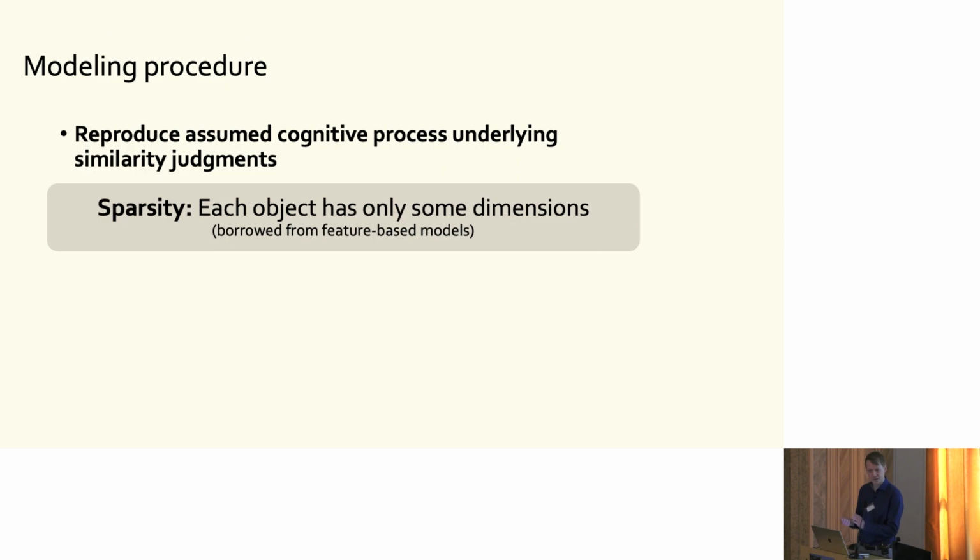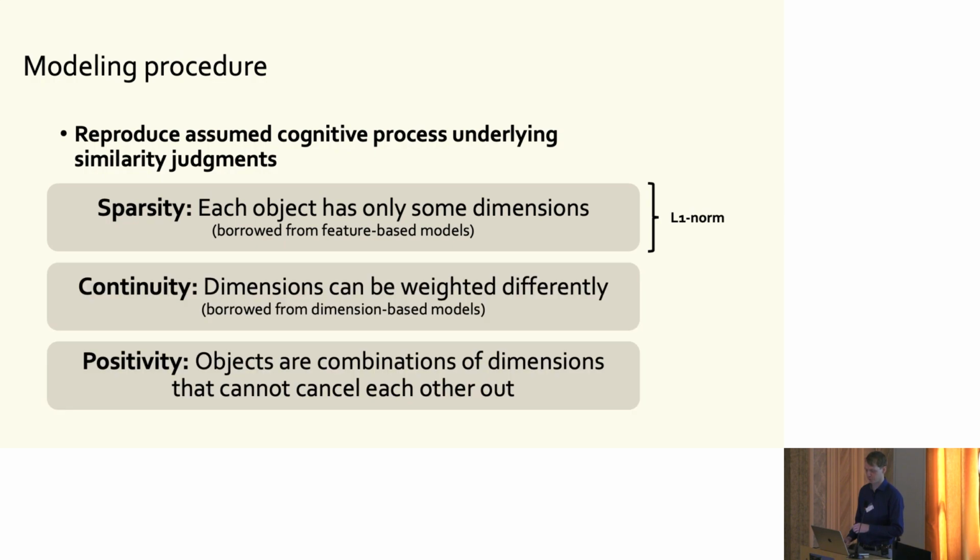That makes sense, because if you take the example of a cup and you think about some sort of animacy dimension, the cup should have a value of 0 in this, because it's completely inanimate. So this dimension should essentially not exist for a cup. That is an idea that's borrowed from so-called feature-based models in cognitive science, and we're implementing this with a so-called L1 norm.